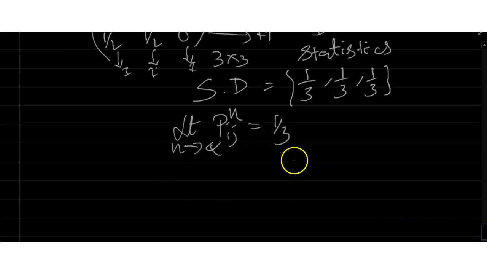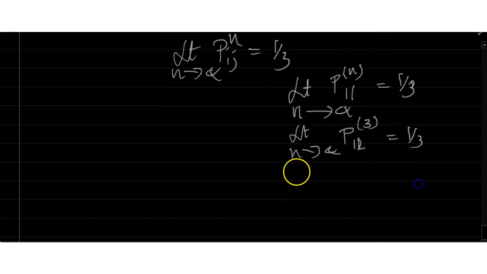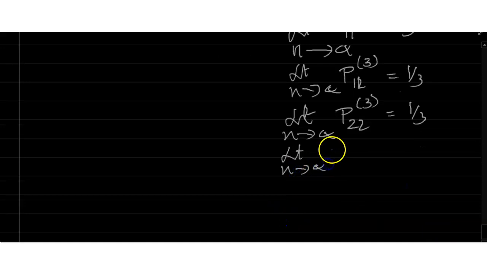So friends, limit n tends to infinity P_11^n equals to 1 by 3, limit n tends to infinity P_12^n equals to 1 by 3, limit n tends to infinity P_22^n is equal to 1 by 3, and limit n tends to infinity P_21^n equals to 1 by 3.